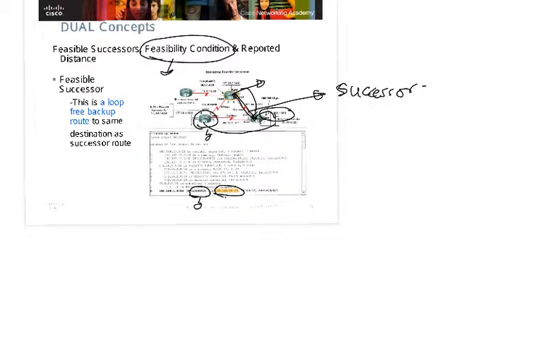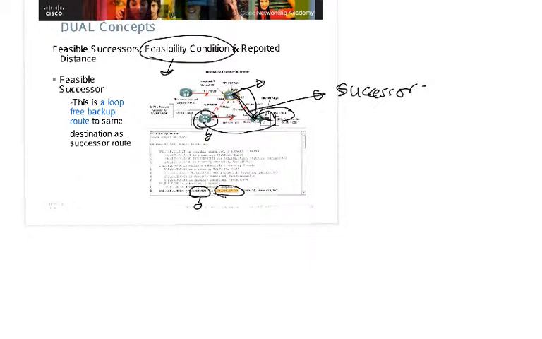Again, the feasibility condition talks about the fact that the reported distance from the feasible successor, in order to consider this one as a feasible successor, he has to report a distance to this same destination, and we have to check that this distance to the same destination is less than the distance that I have to the same destination.